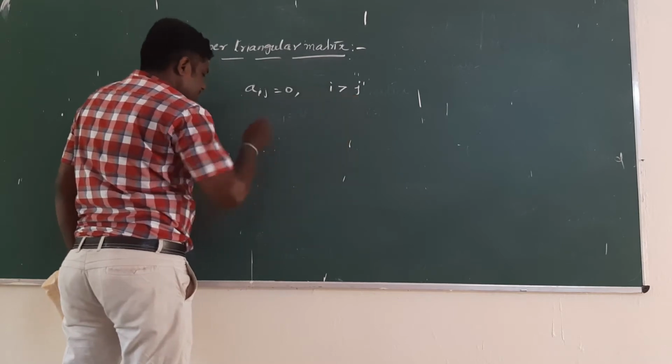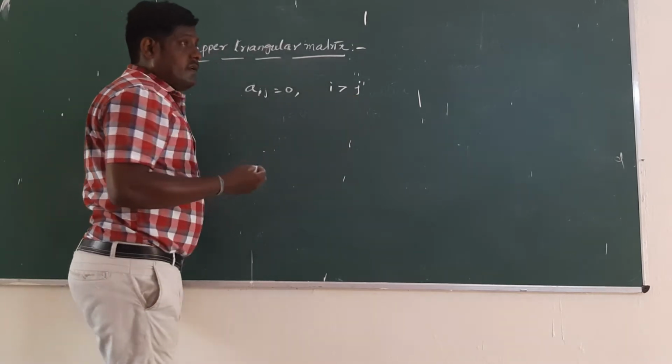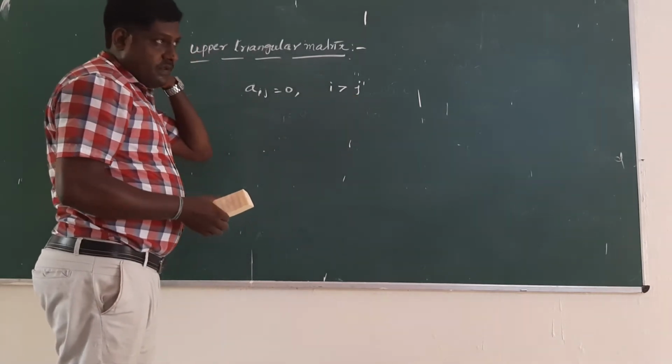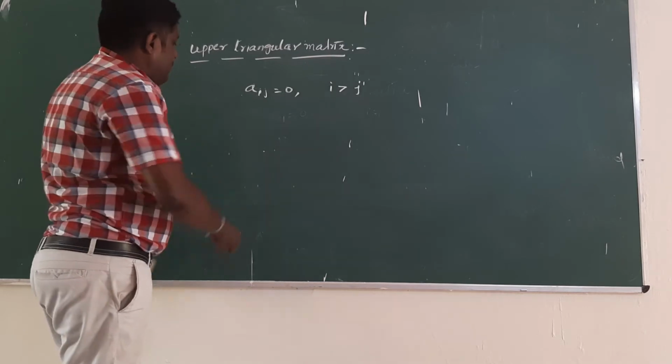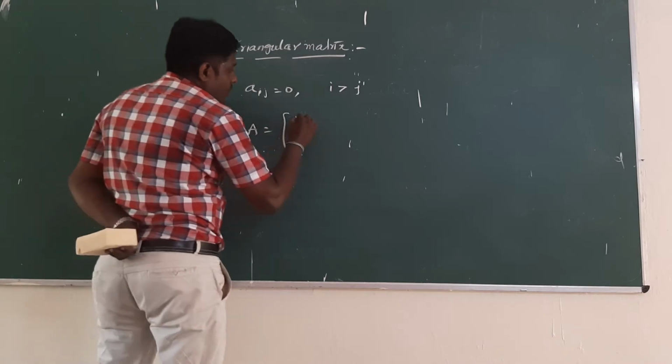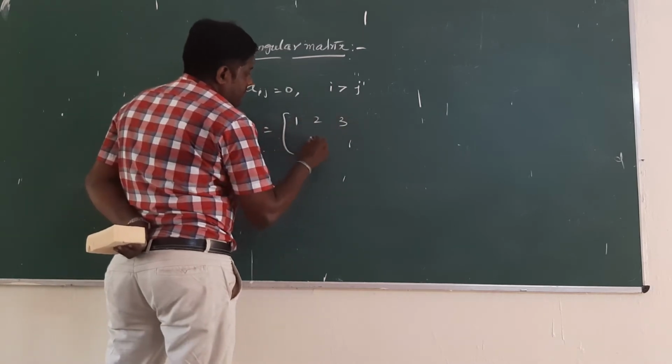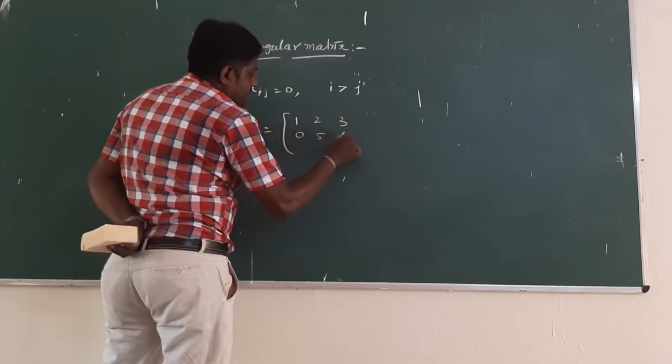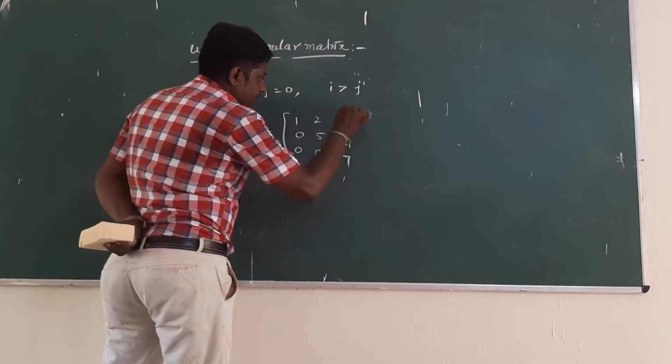Generally we say that A is equal to, see this example, 1, 2, 3, 0, 5, 6, 0, 0, 7.